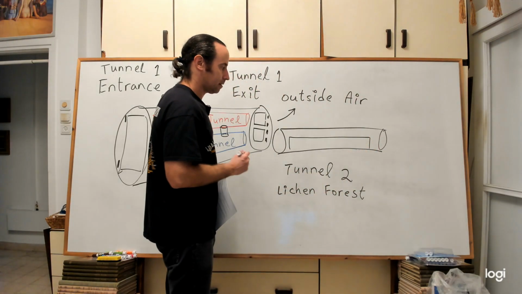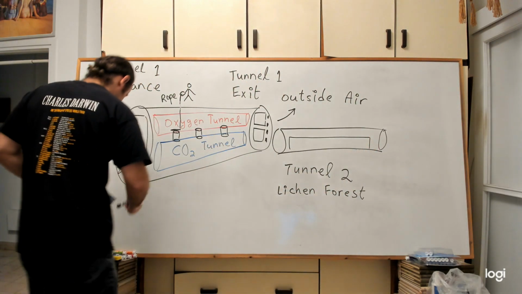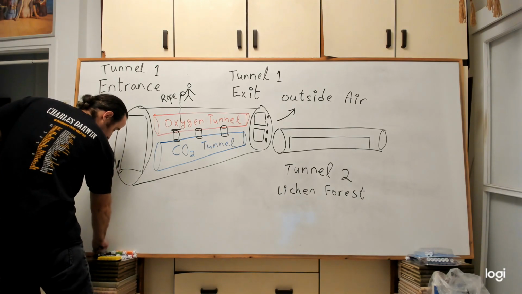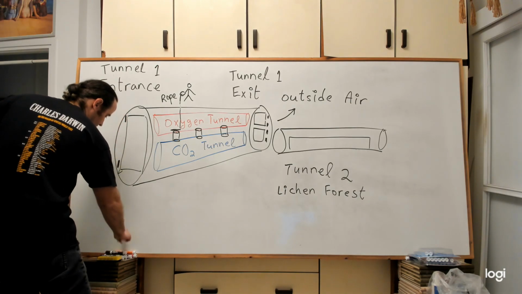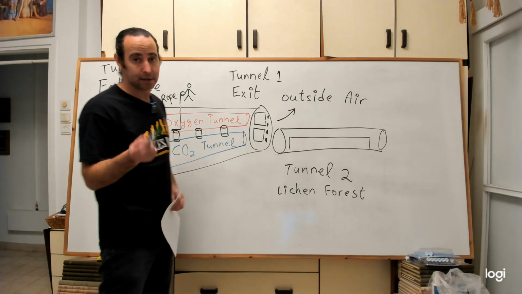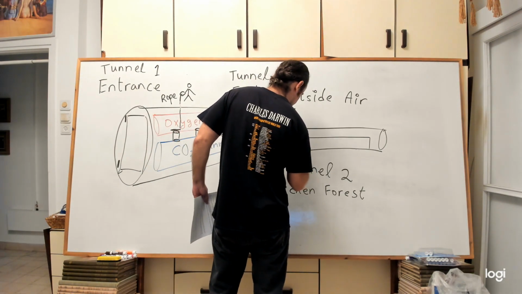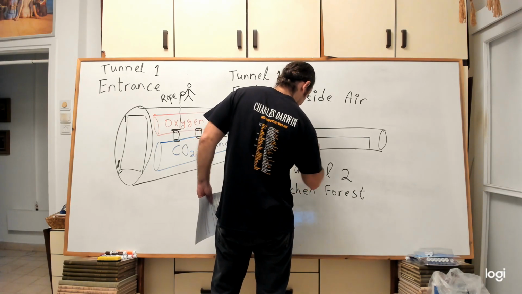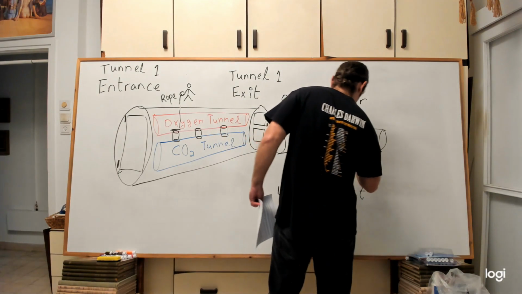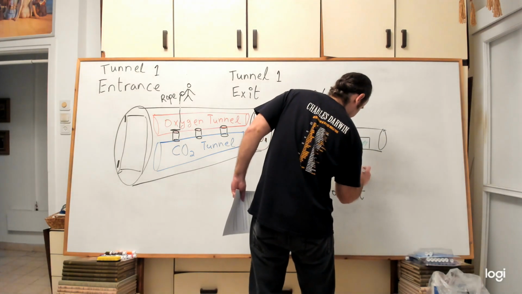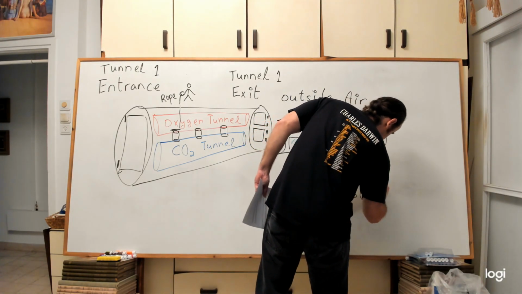And on this wall there is lichen. I don't know what color they are, but I'll make them green and blue. So it's like lichen.